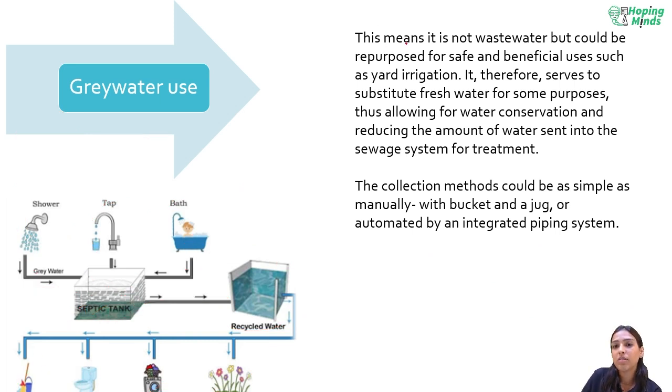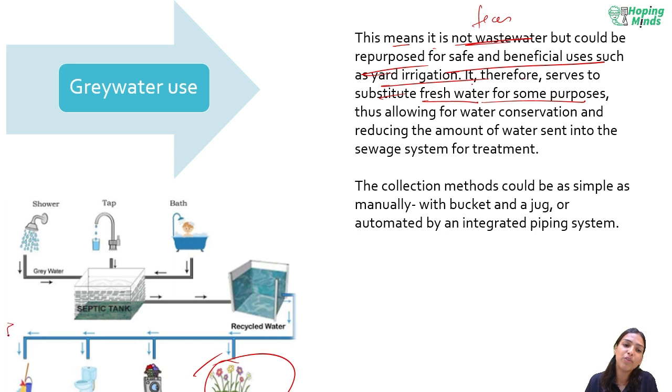So grey water use means that it is not wastewater, because it has not come in touch with feces, and it could be repurposed for safe and beneficial use in yard irrigation. It therefore serves as a substitute for fresh water for some purposes.